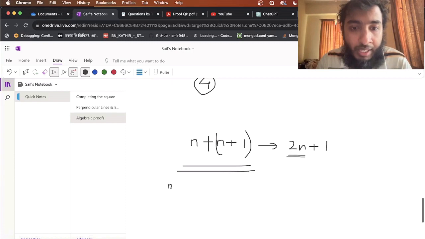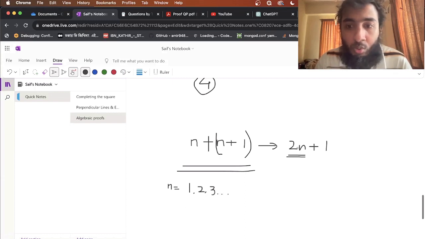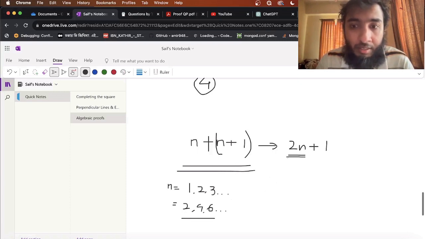So if n is 1, 2, 3, ..., twice n would be what? 2, 4, 6, ... So as you can see, for any positive number n, it will yield an even number. The expression twice n will always yield an even number.